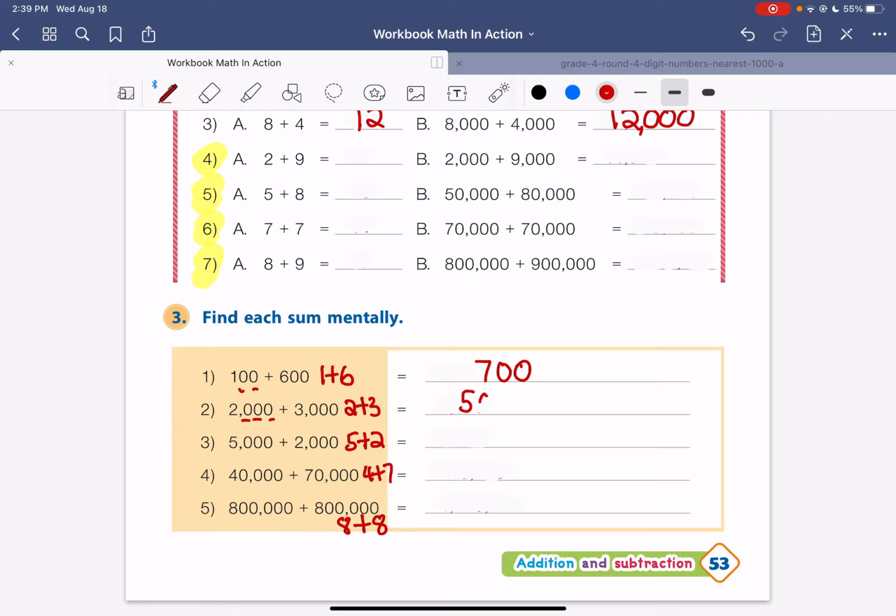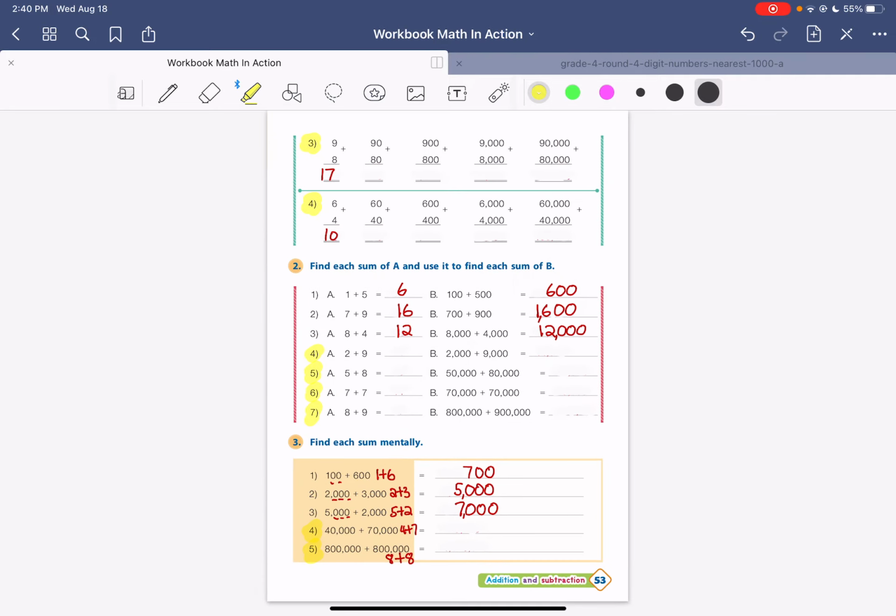How many zeros? We have 3 zeros. Number 3, we have 5 plus 2, 7. How many zeros? We have 3, so we're going to add 3 zeros, 7,000. Good. I want you to practice numbers 4 and 5 here as well. Awesome.